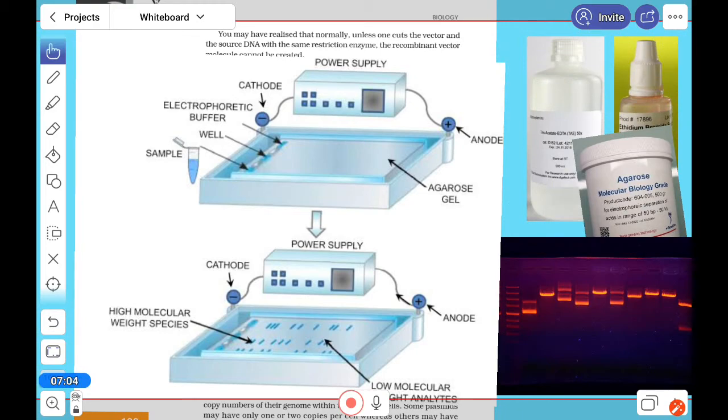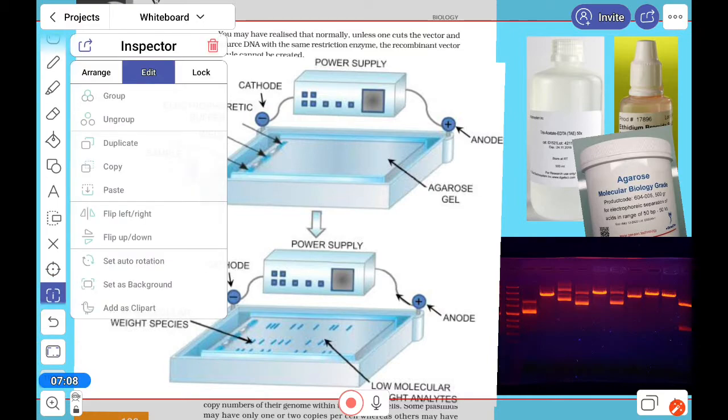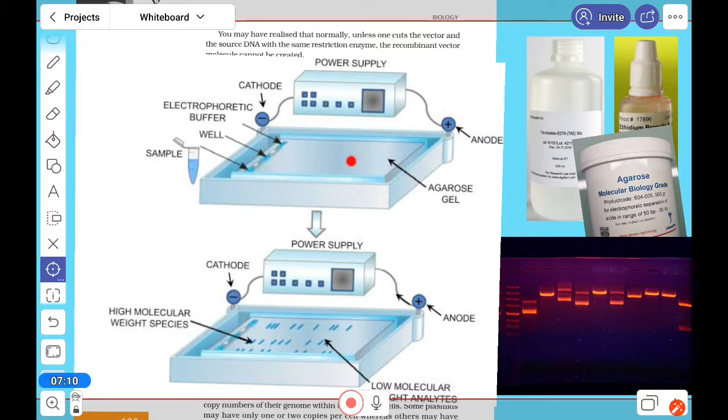On a gel sheet it is used. These are very small in size, not very big, and made up of plastic. The wheel is there, and the electrodes, the negatively charged cathode and the anode, and here the powerful electric supply is there, and here we are using the buffer.